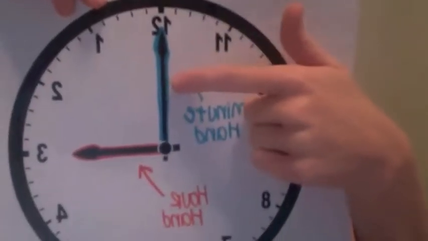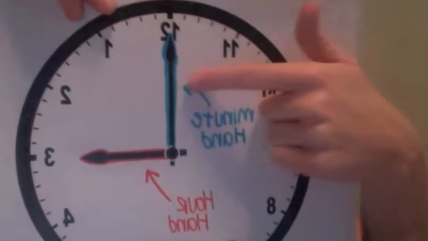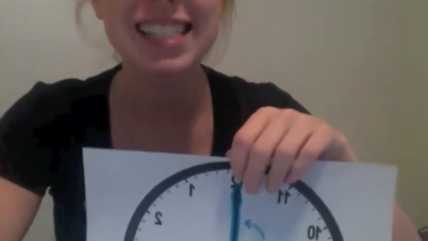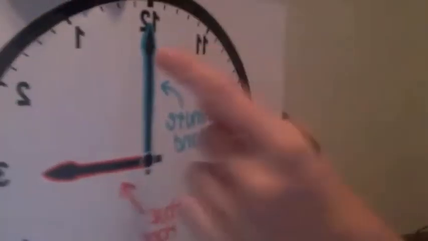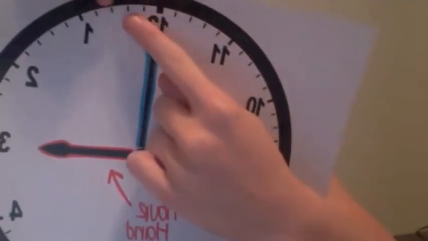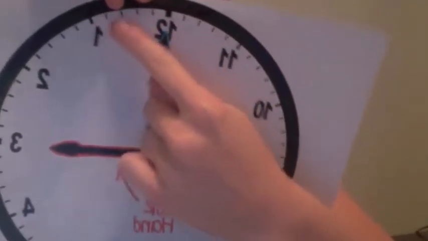So this big hand is the minutes, and we know that how many minutes are in an hour? Good, there are 60 minutes in 1 hour. So let's count and see if that's right. Because this big hand is going to go through all of these little ticks in 1 hour. So let's count these ticks.